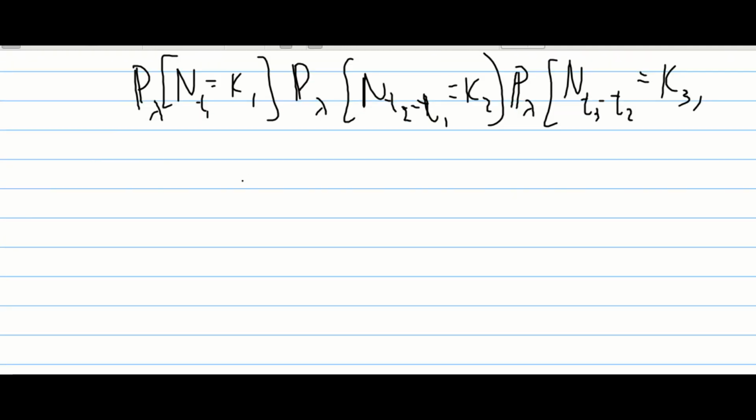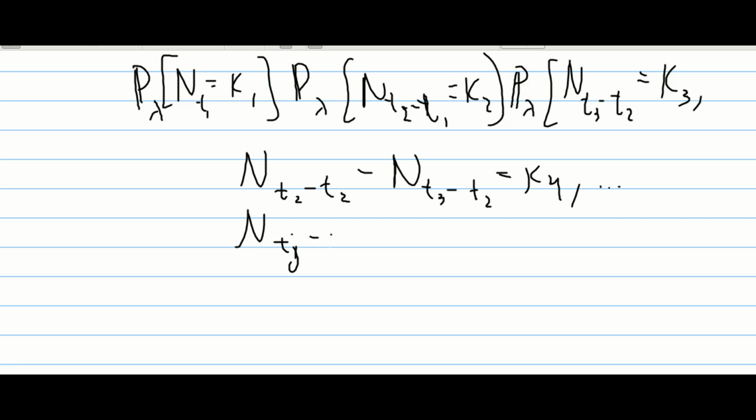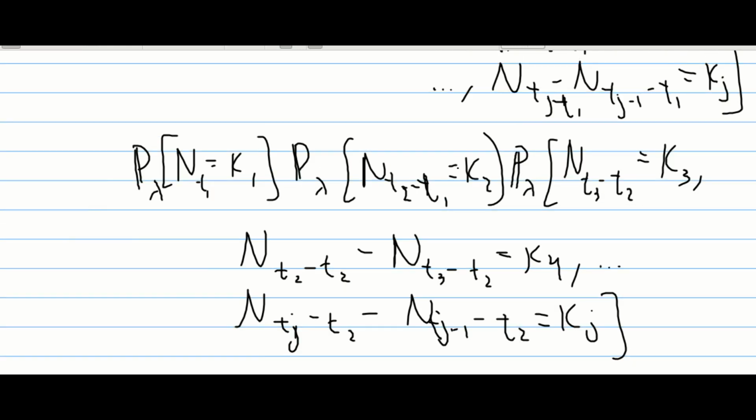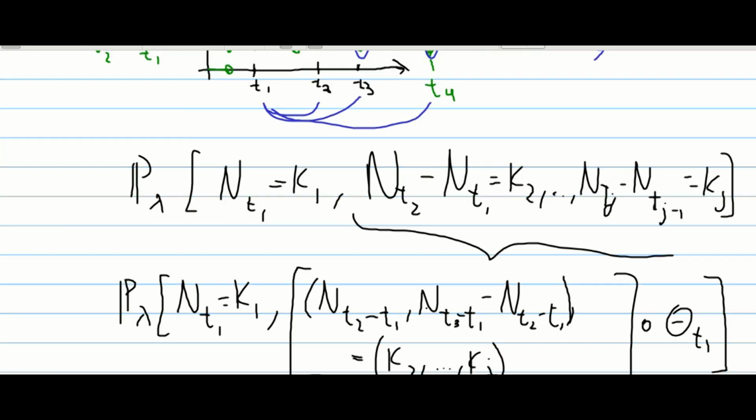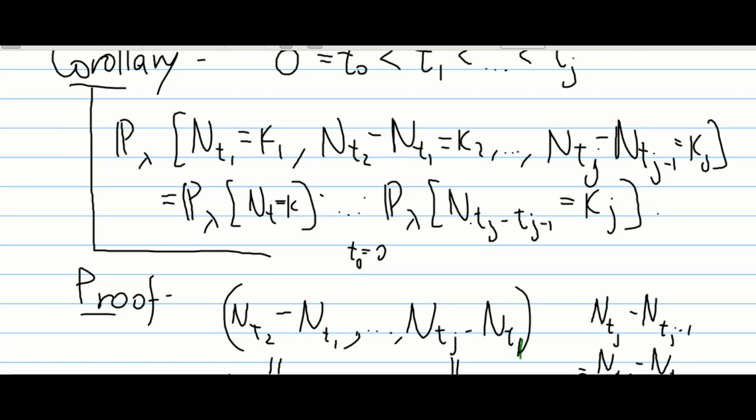Then we have N(t4) minus N(t2) minus (N(t3) minus N(t2)) equals k4, and so on until N(tj) minus N(t2) minus (N(tj-1) minus N(t2)) equals kj. And you continue popping everyone out by doing the same procedure until you get the product we have here, which is the product of the increments.